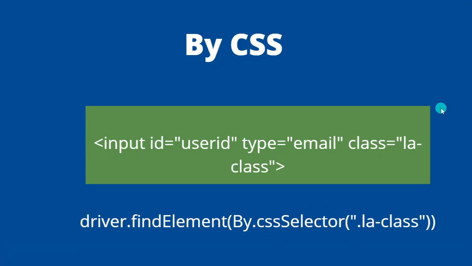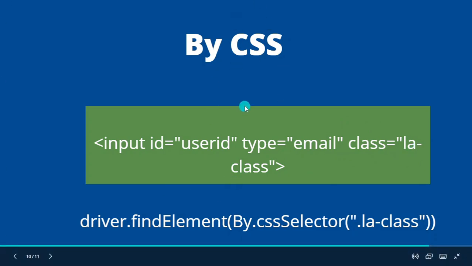And the last technique we have got is by CSS selector. Let's say we have got an input element which has the ID equals userID, and the type is email, and the class for this particular element is LA class. So by using CSS selector, we have to write it as driver.findElement by.cssSelector, and here a dot will be used when you use the attribute of class.